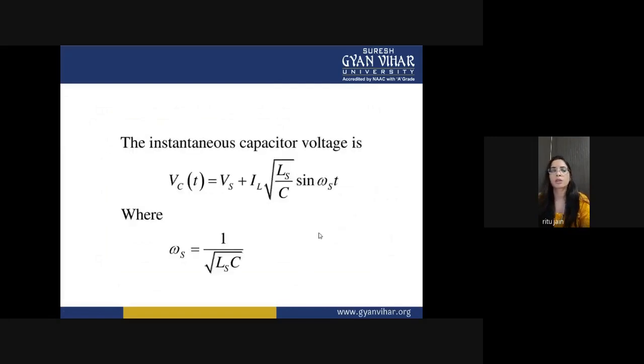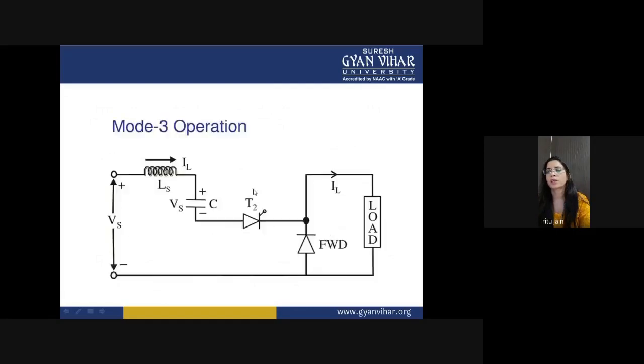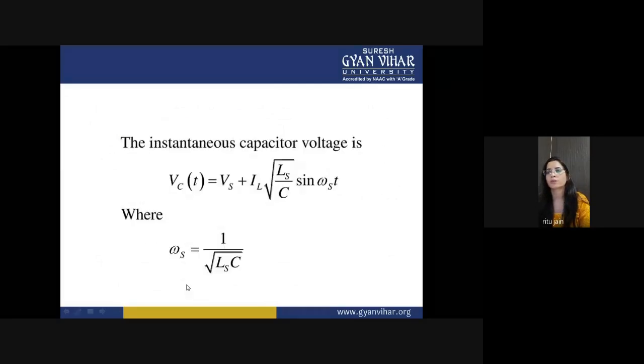In this case, the equation for the capacitor voltage can be written as VC(t) is equal to Vs plus the inductor voltage, because you can see the voltage across the capacitor will be equal to Vs plus the inductor voltage. So this terminal voltage is higher than the supply voltage, so the thyristor will be turned off.